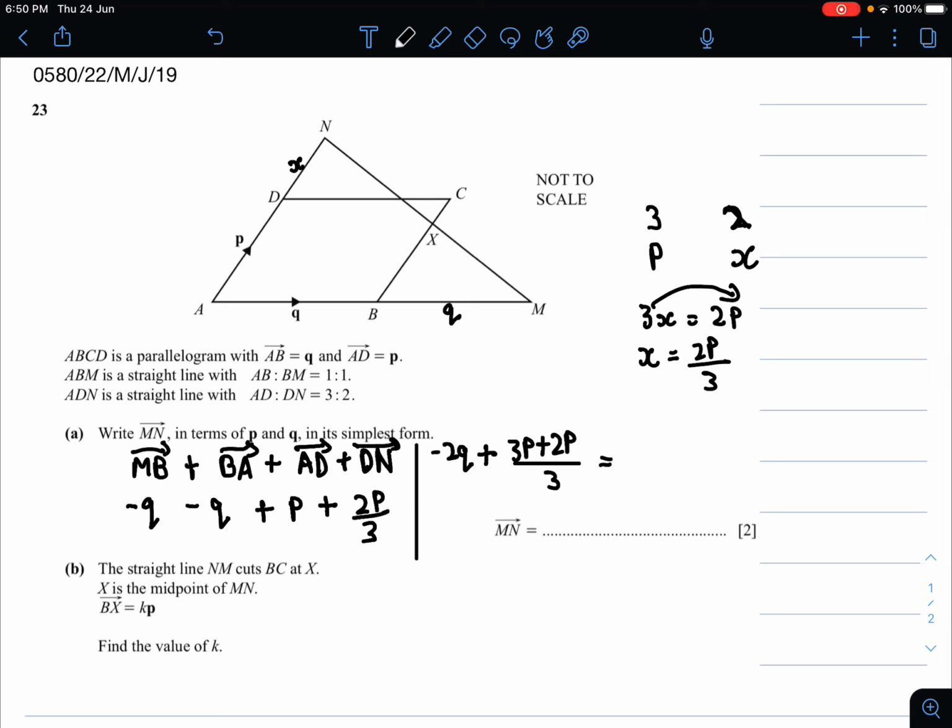Now if we simplify further, minus 2q plus 5p divided by 3. Therefore this will be your final answer for part A.